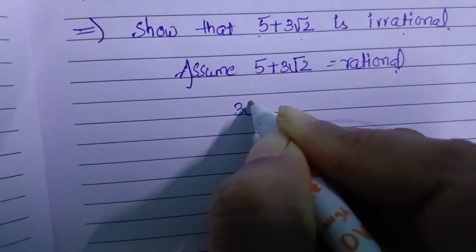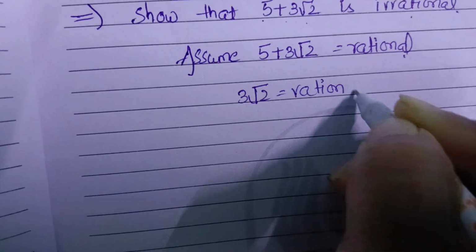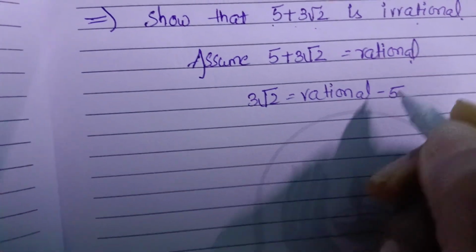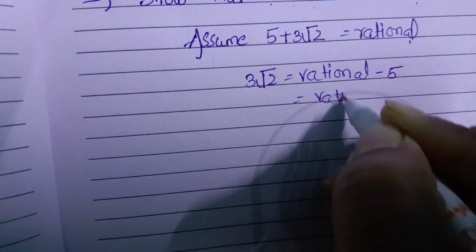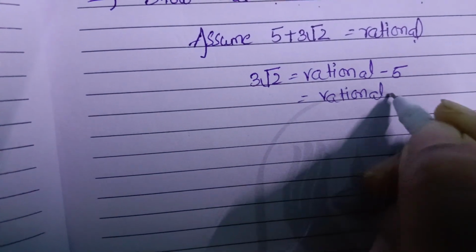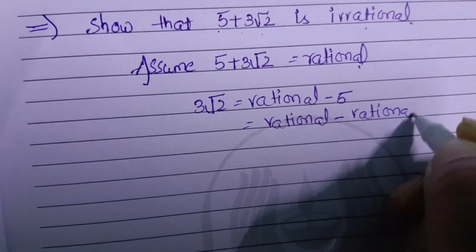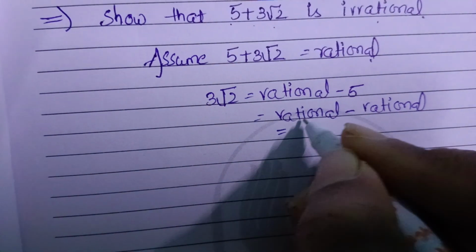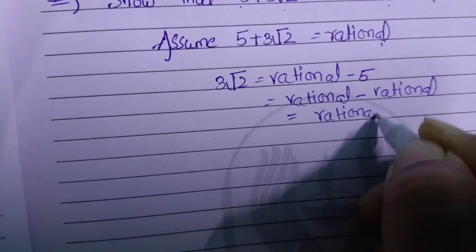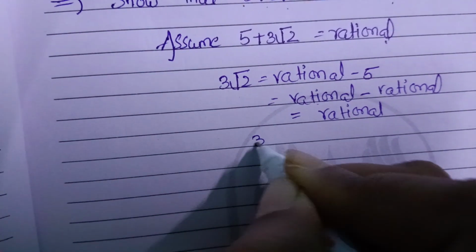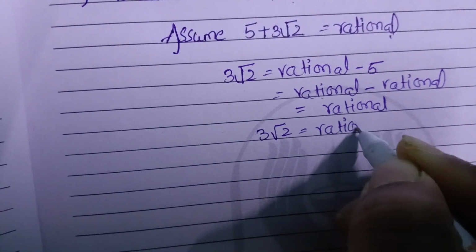So 3 root 2 is equal to rational minus 5. Rational number minus rational number, right? 5 is also a rational number. So rational minus rational is always a rational number, right? So 3 root 2 is rational.